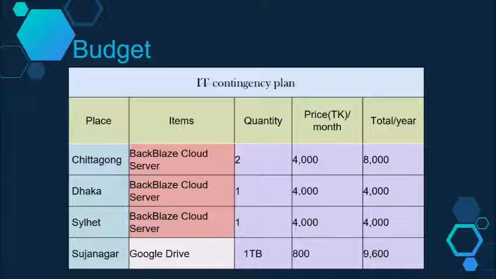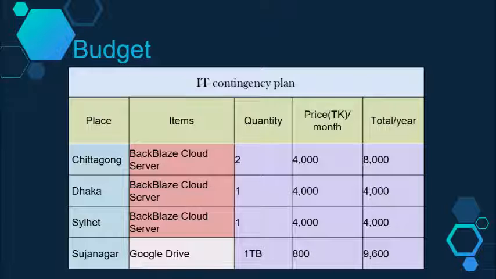So for those 2 PCs it takes $100, which is almost 8,000 taka. Like that, for Dhaka and Sylhet office we need 4,000 taka each, and it requires 8,000 taka. So that takes only 16,000 taka over a year.